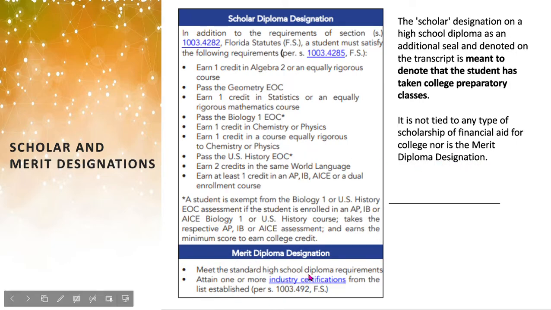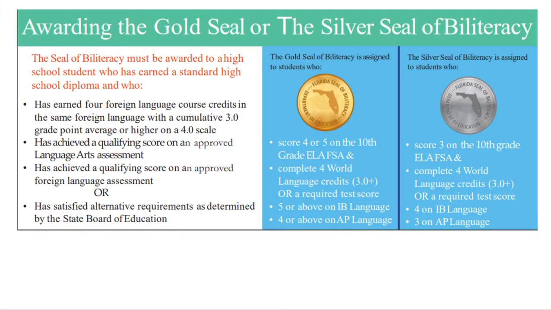Now down below here we have the merit diploma designation, which would mean the student has earned one or more industry certifications from one or more CTE classes that they've taken throughout their high school career. And then we have the gold seal or the silver seal of biliteracy.